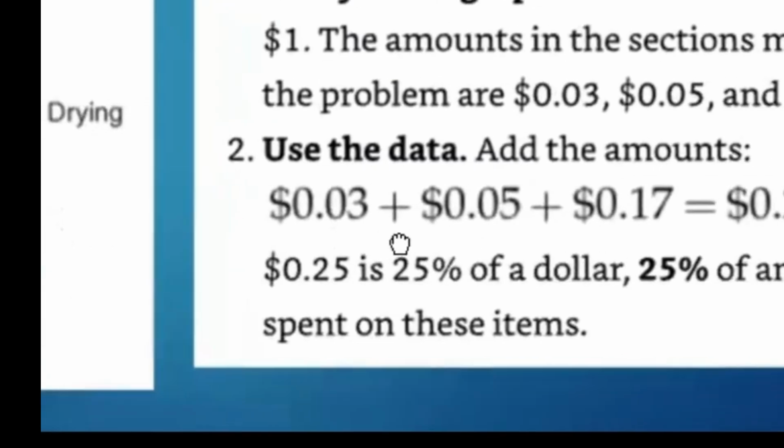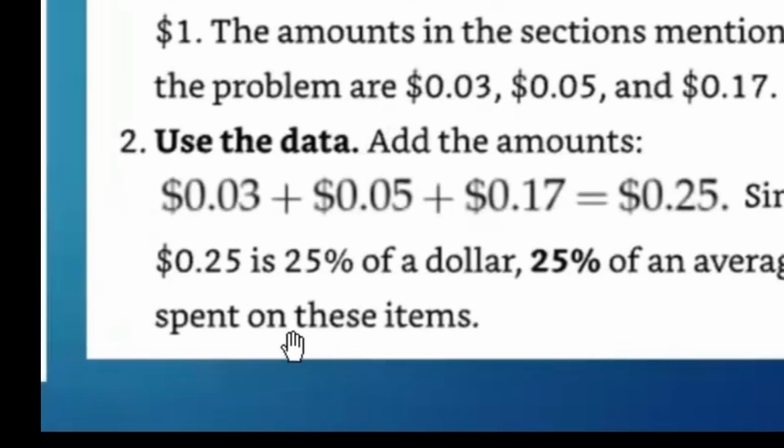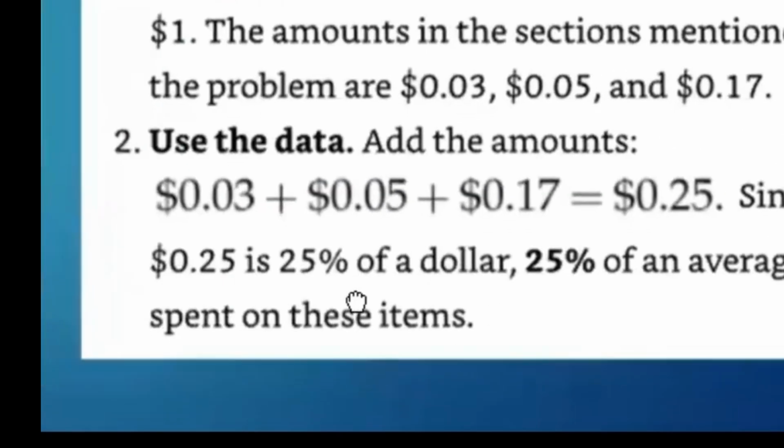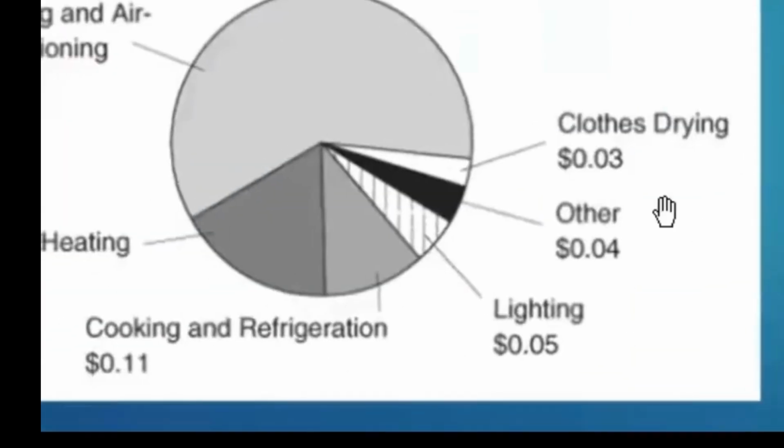And then you just simply want to add, right? Determine that that was around 25 cents that we're spending, or 25% of $1 is the average amount on a bill that's spent on these items, okay?